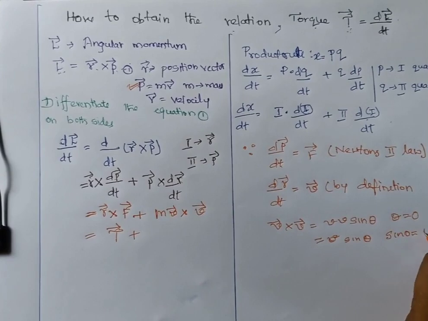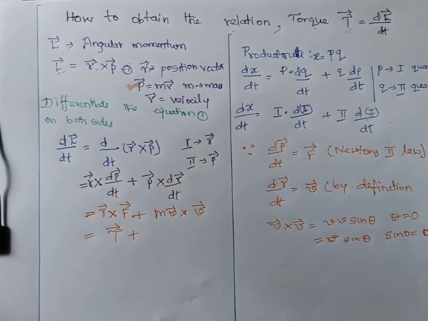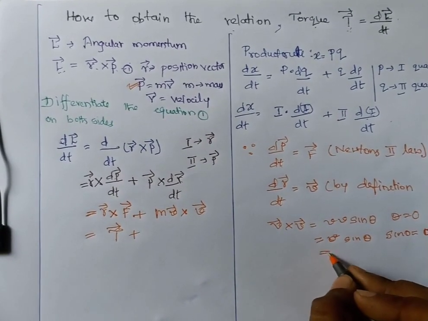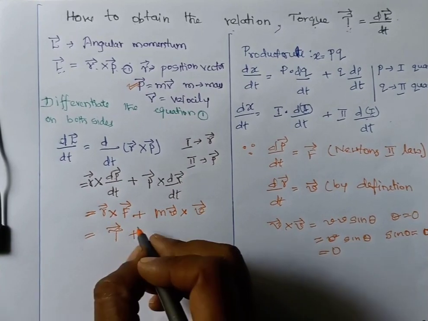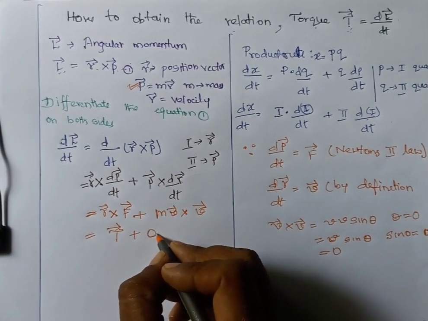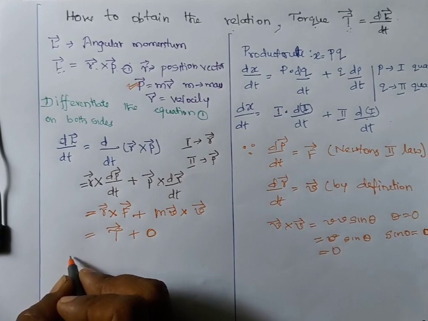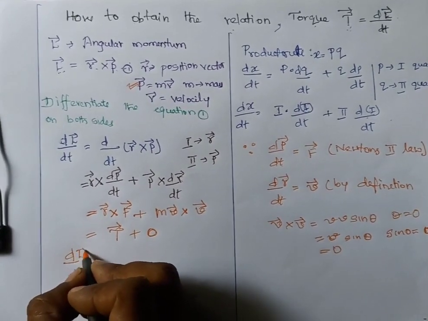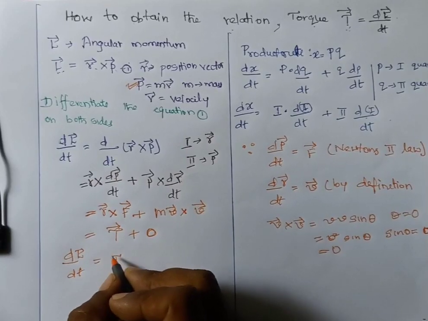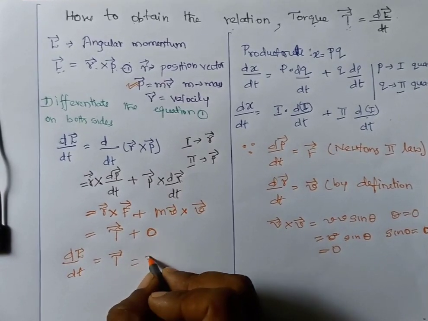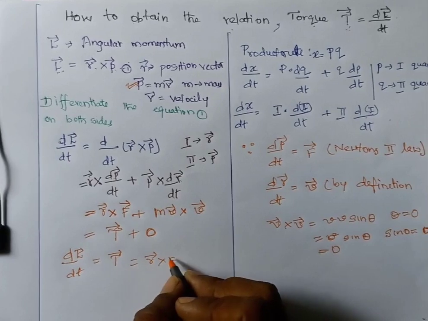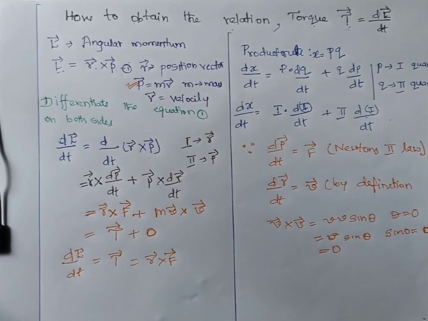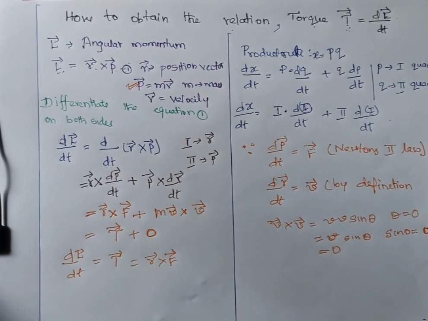Sin 0 is 0, so this entire quantity becomes 0. Therefore d by dt of vector L is nothing but vector tau, which is vector R cross vector F.